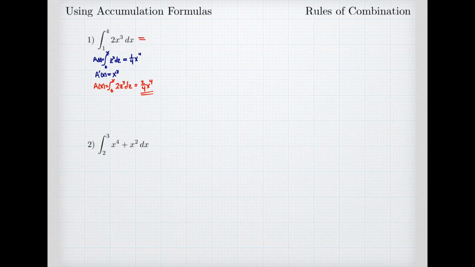So our definite integral is how much my accumulation changes. So it's 2/4 times the endpoint to the 4th minus 2/4 starting endpoint to the 4th. So we use my accumulation function at my endpoint, and I subtract the value of my accumulation at my beginning point.